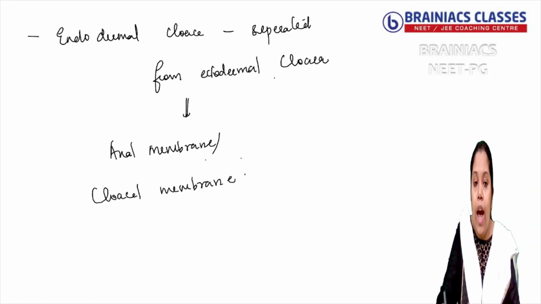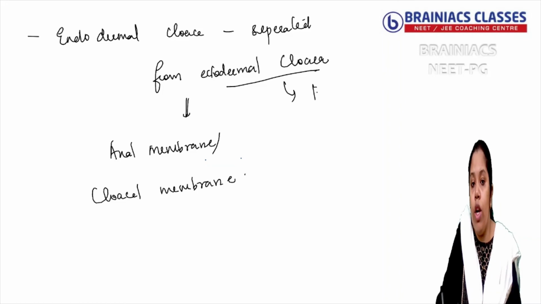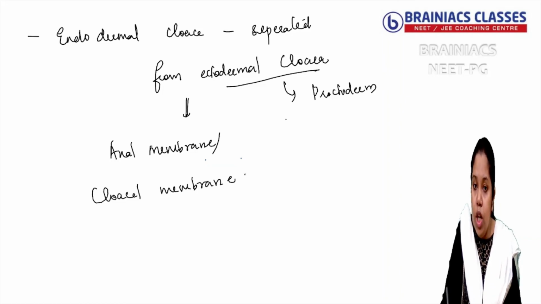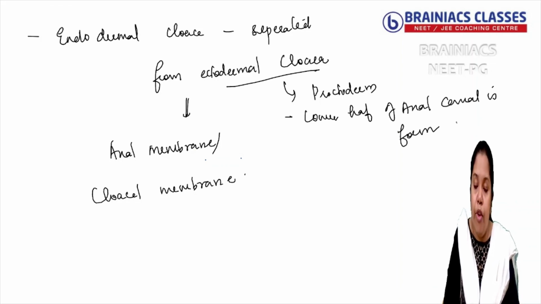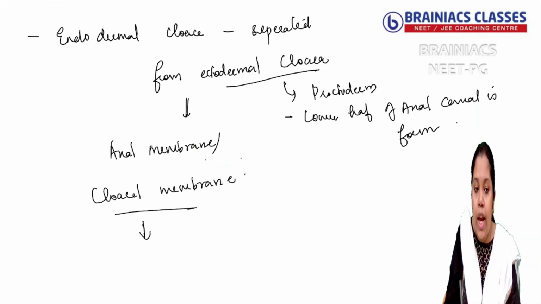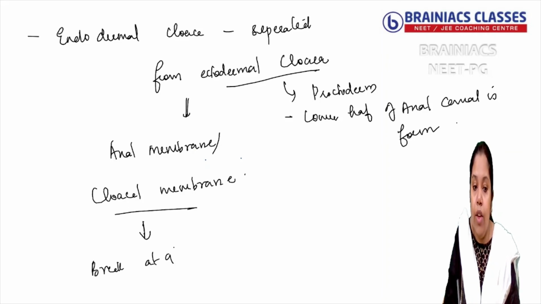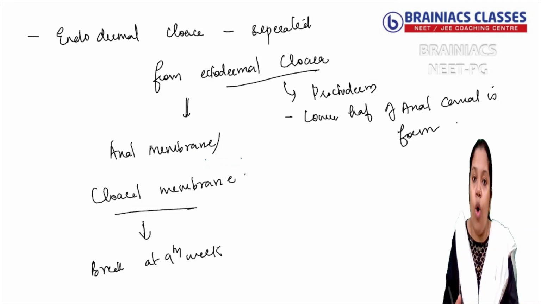The ectodermal cloaca is also called the proctoderm. From it, the lower half of the anal canal is formed, and the anal opening is formed from the anal pit. This cloacal or anal membrane breaks at the 9th week, so that communication between the upper anal canal and lower anal canal is formed.